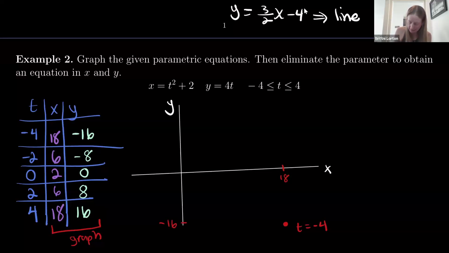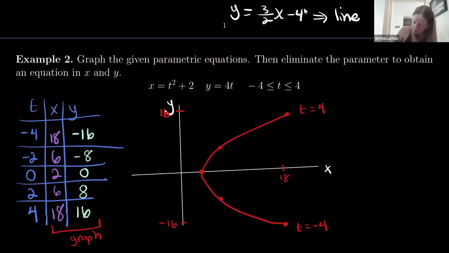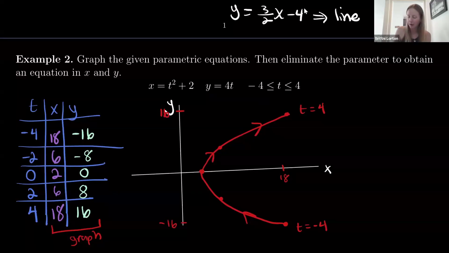And then I have 6 comma -8. So 6 comma -8 looks a little something like that. And then 2 comma 0, I'm not labeling every single one. And then 6 comma 8, and then 18 comma positive 16. I am going to label the beginning and ending time values. And when I connect those, the direction mattered because time moves forward, not backward.